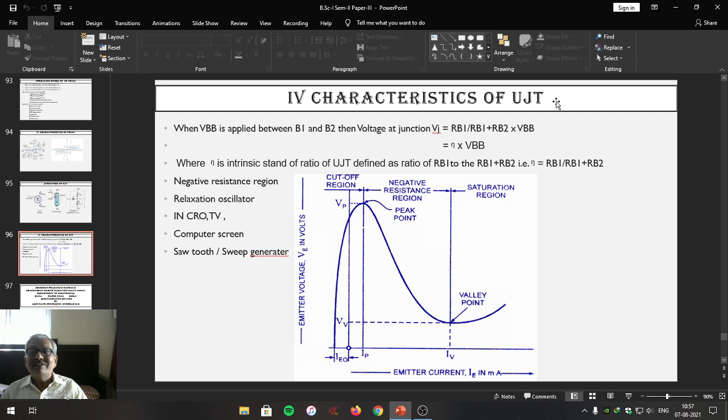Thus we can say it has three terminals, emitter, B1 and B2. Friends, let us study today the IV characteristics of UJT.